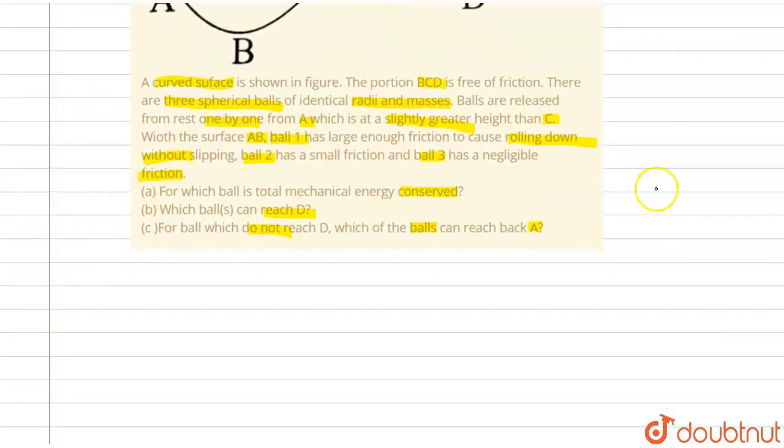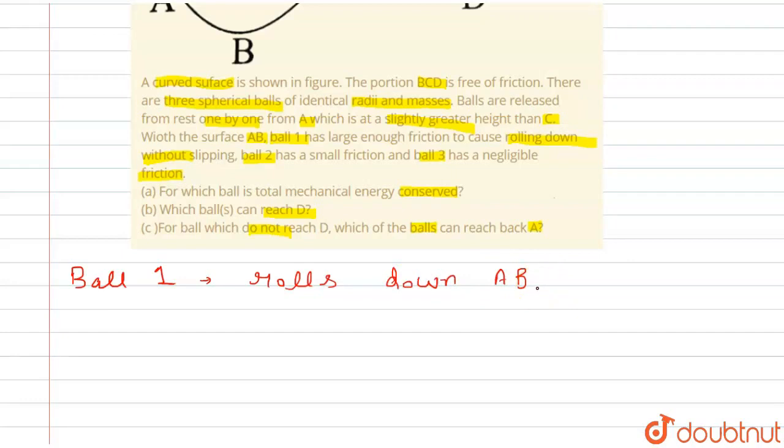Let us talk about ball 1 first. Ball 1 rolls down AB without slipping, because friction is large enough to cause only rotational motion.